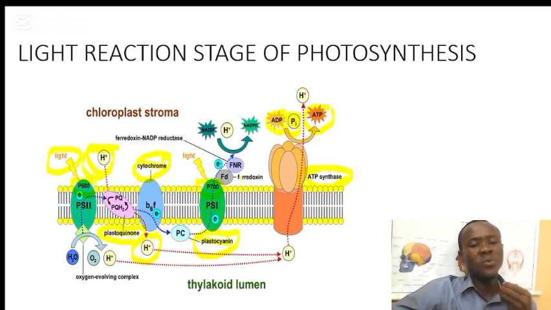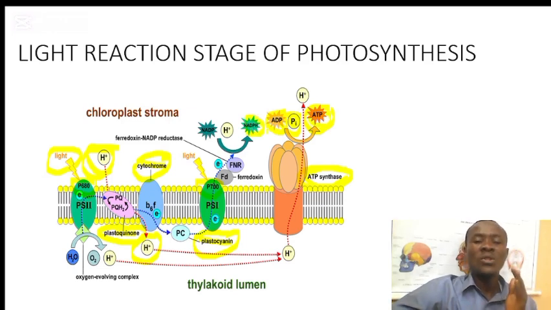Now during this process of moving, NADP, nicotinamide adenine dinucleotide phosphate, will be reduced to NADPH.